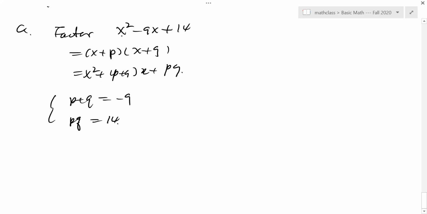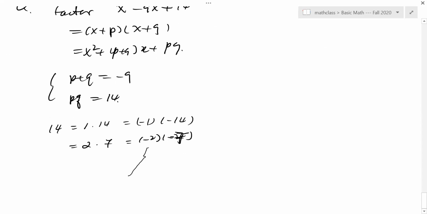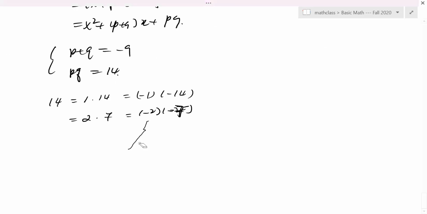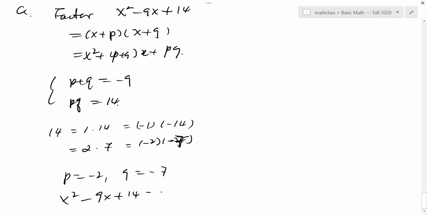Erica says negative 2 and negative 7. Because 14 is going to be 1 times 14 and negative 1 times negative 14. The next possibility is 2 times 7, negative 2 times negative 7. So clearly P is going to be negative 2, Q is going to be negative 7. Therefore, we have x squared minus 9x plus 14 equals x minus 2 and x minus 7.